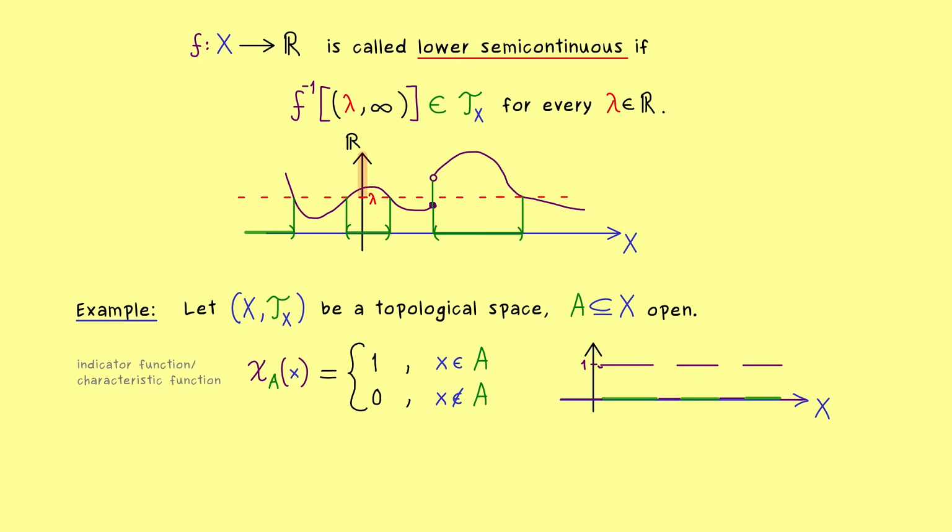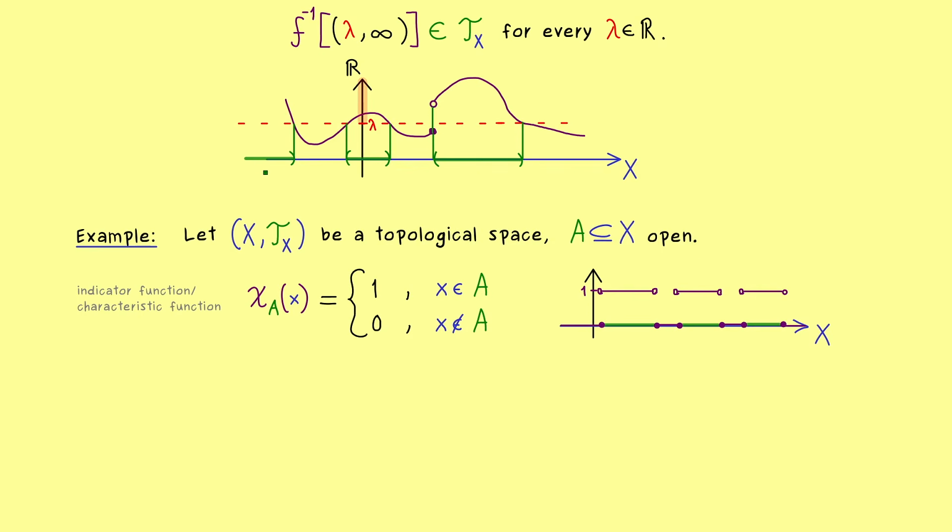And now since A is open, we should assume that the jump points are on the lower level. Of course, this is just our visualization here, because we actually have to show that our characteristic function chi A is lower semicontinuous. So by definition, we have to look at the pre-images like before. And since the function only has two values involved, this is actually quite easy.